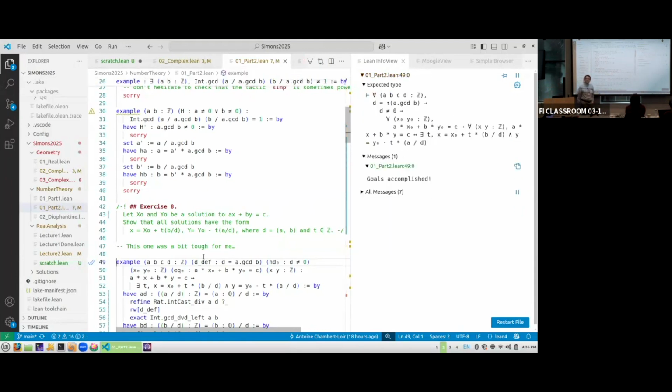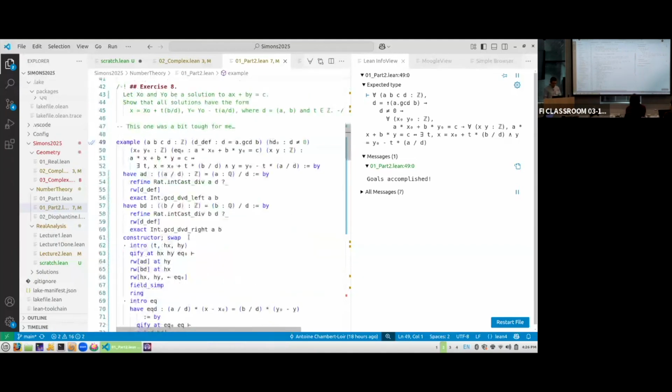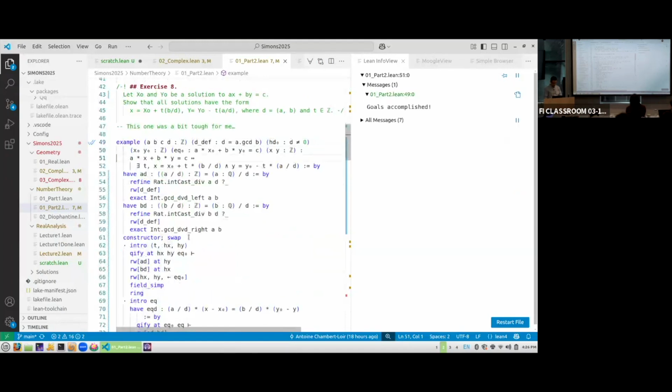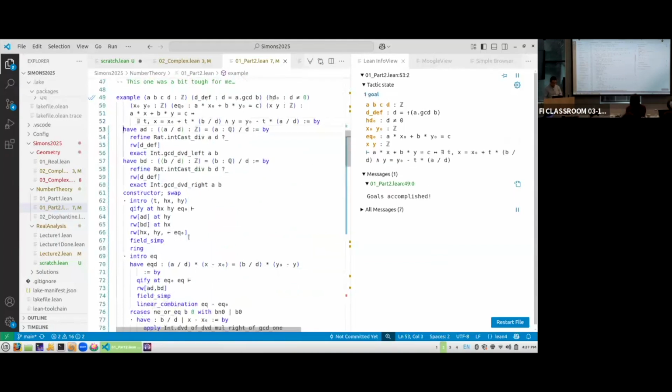Did anyone else attempt this problem? No, okay. Your solution's very long. Okay, so I'll show you how we did it.